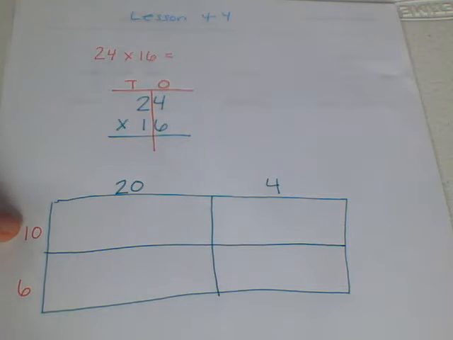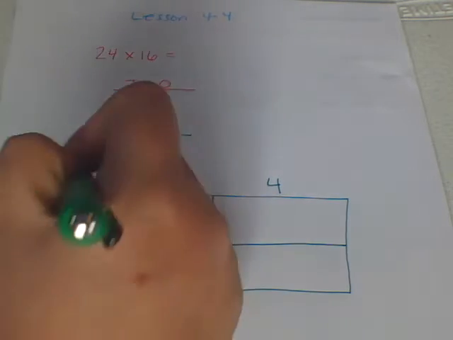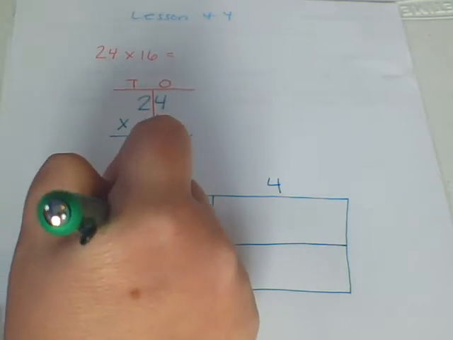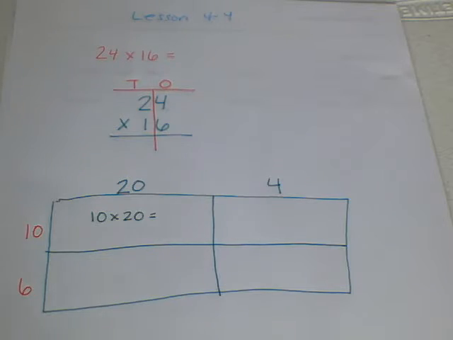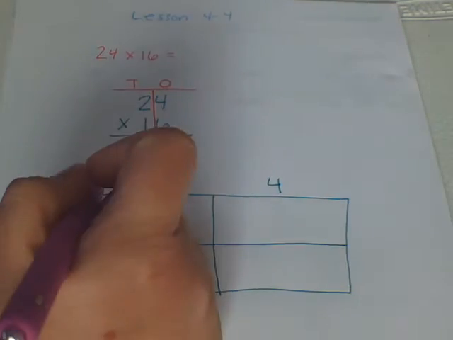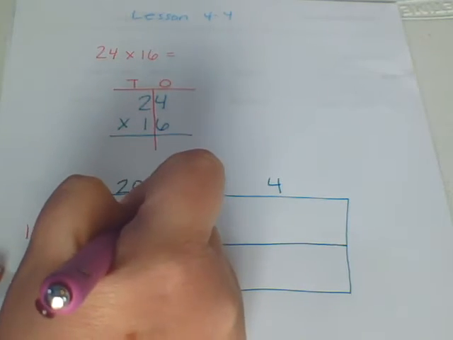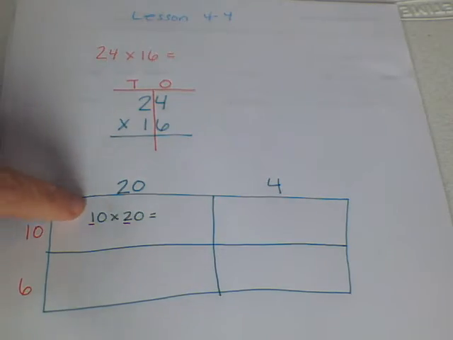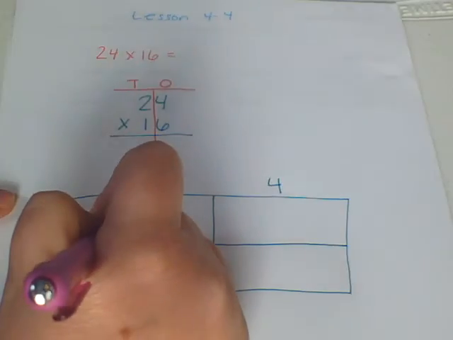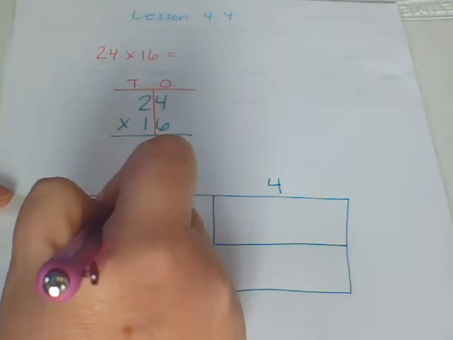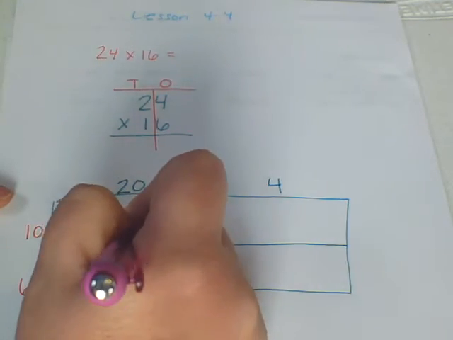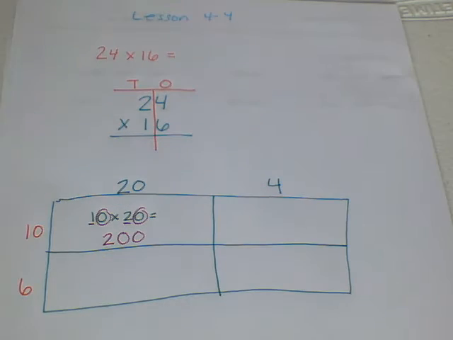So this box is going to be 10 times 20. So I'm going to write 10 times 20. But what's important for me to look at here is this 1 and this 2. 1 times 2 is 2. And then how many zeros do I have? 1, 2. I'm just going to add them to my answer.